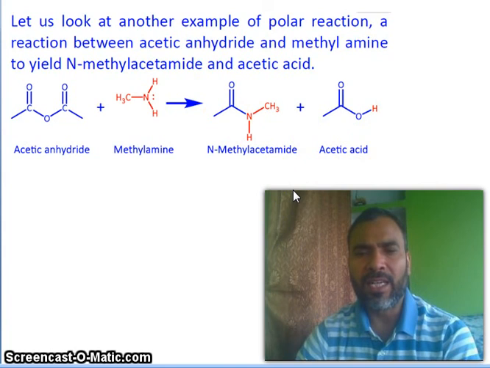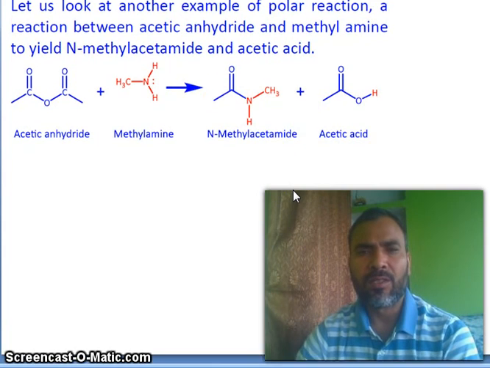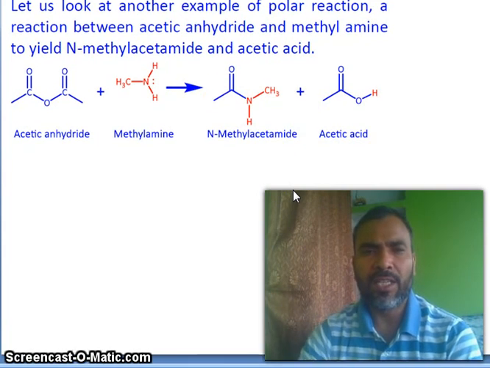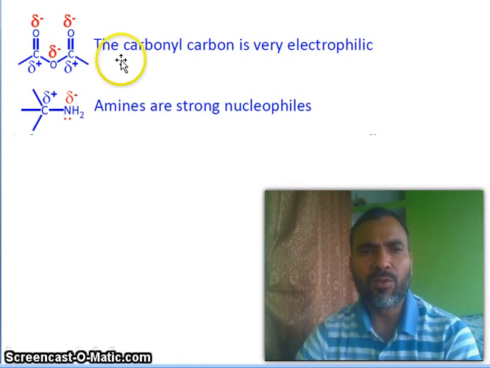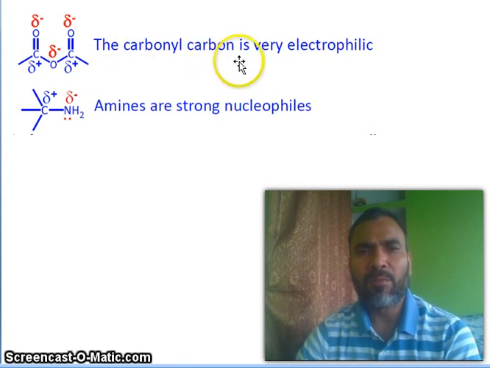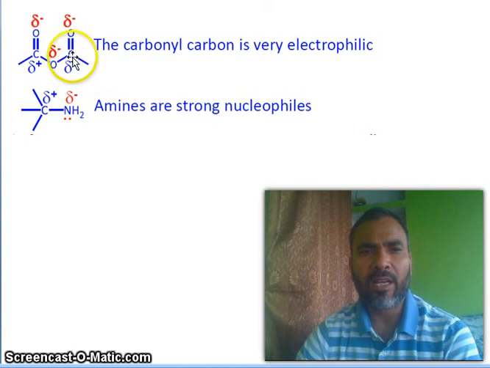What happened here? We will see the mechanism. So you see, the carbonyl carbon is very electrophilic. This is polar in nature, this is also polar in nature.